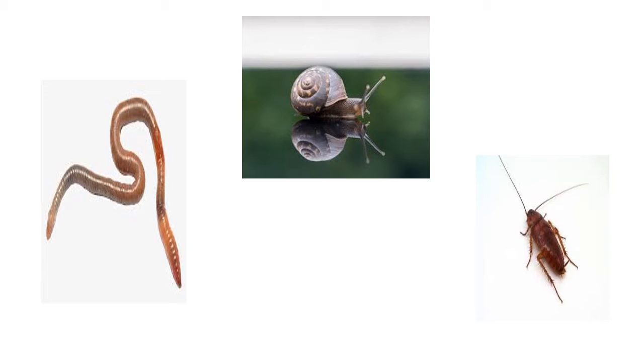Third picture, you can see the cockroach. We can see cockroaches can walk, they can fly, they can climb. They have 3 pairs of legs and they walk. The body of the cockroach is covered with a hard outer skeleton, and because of this, it is able to move.